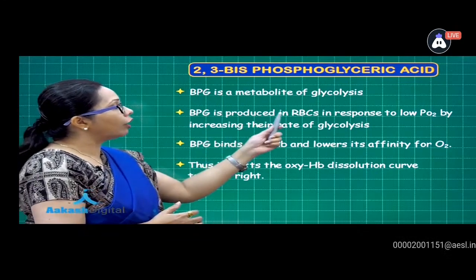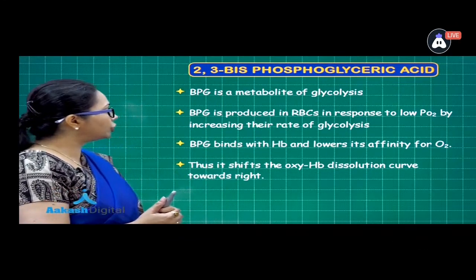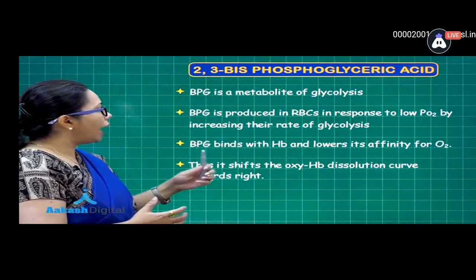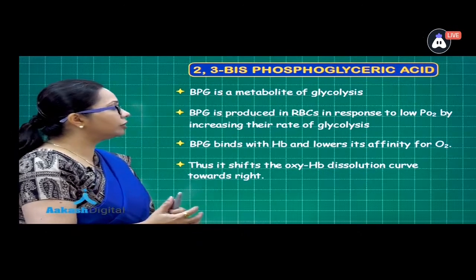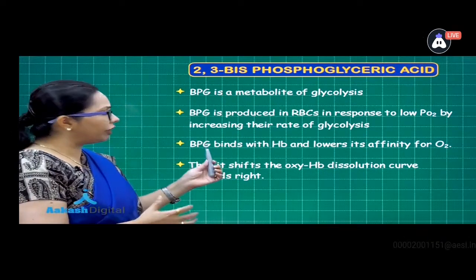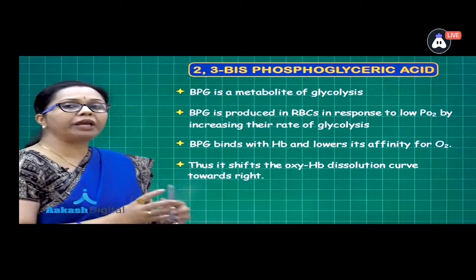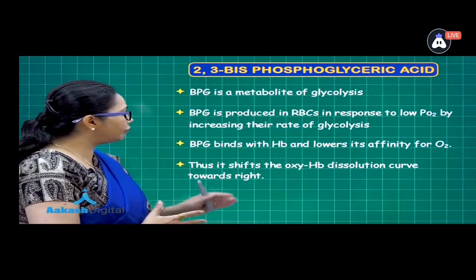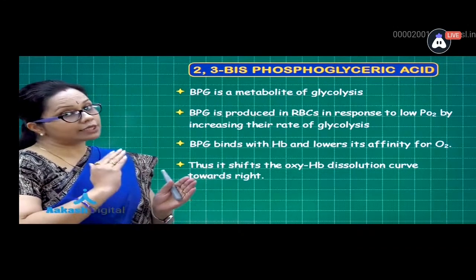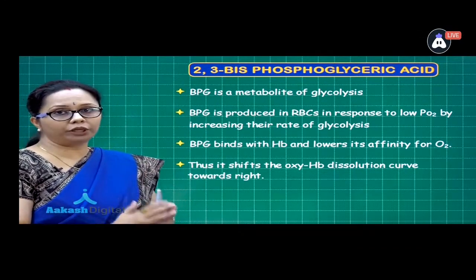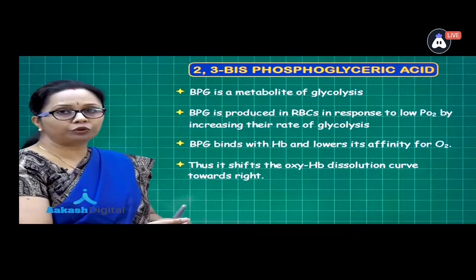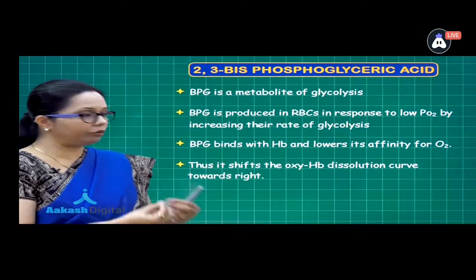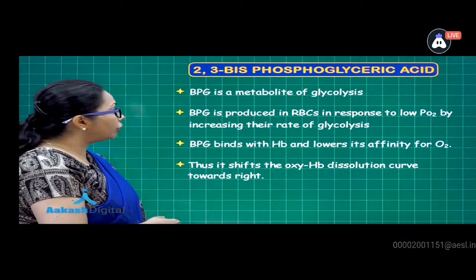Here, when there is low partial pressure of oxygen, there would be more of this BPG produced, and BPG binds with hemoglobin. It is a very strong anion and it competes with oxygen to bind with hemoglobin, and in the presence of high BPG, again this ODC, that is oxyhemoglobin dissociation curve, will be shifting to the right. That means oxygen will be unloaded from hemoglobin.